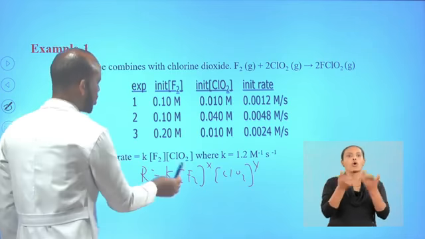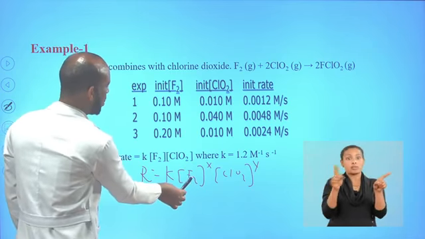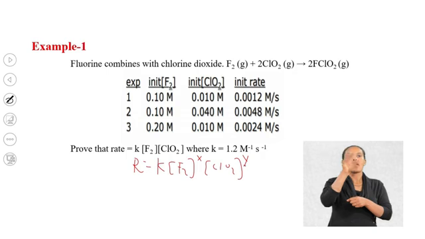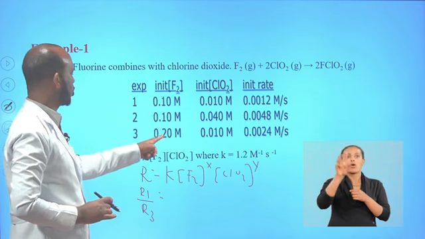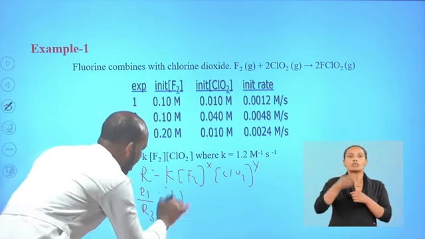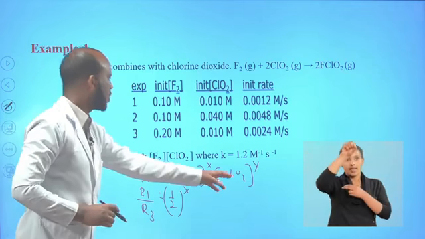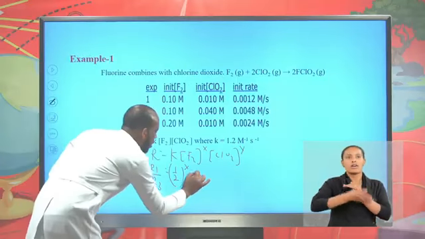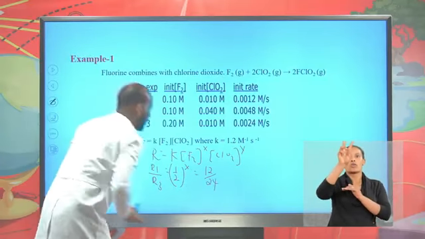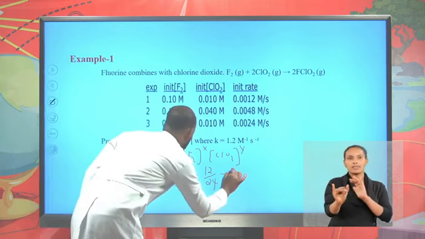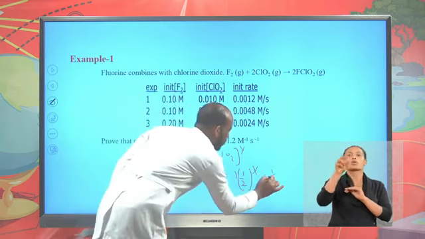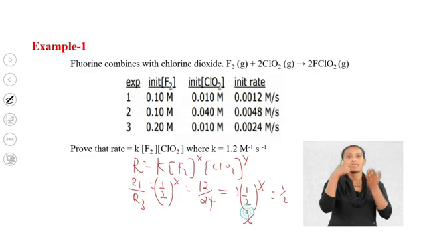You can take rate 1 and 3: R1 over R3 equals 1 over 2 to the power X. Concentration of ClO2 is constant, so this equals 12 over 24, which is 1 over 2. From this, X equals 1.